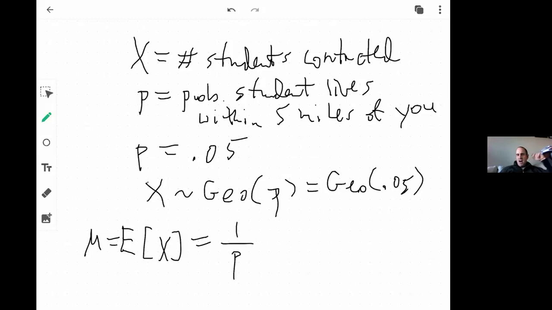If there's a 5% chance that I'm going to contact a student who lives within 5 miles of me, then I expect to have to contact about 20 students before I stumble upon one that actually does live within 5 miles of me. Okay, and that's exactly what we get here. 1 over 0.05 is 20.